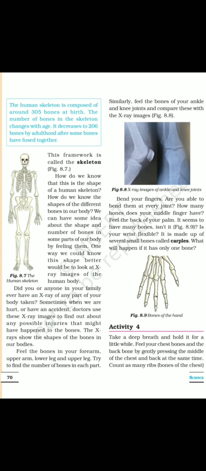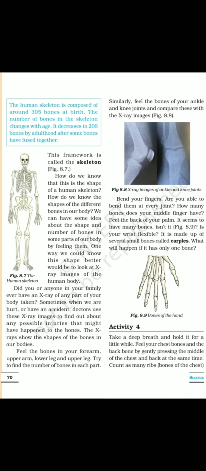The neck region has the shoulder region, and it consists of two kinds of bone: one is the collarbone and the other is the shoulder bone. The upper arm consists of a single bone called humerus, and the lower arm of the hand has two bones called radius and ulna.